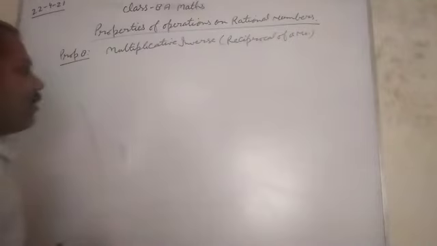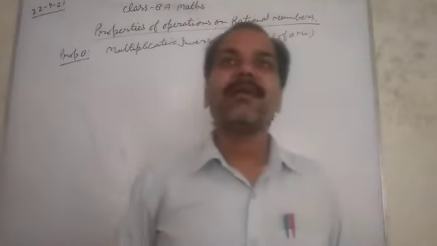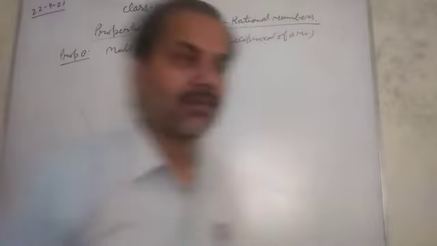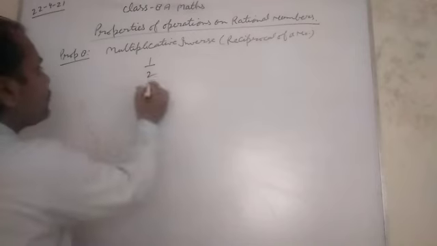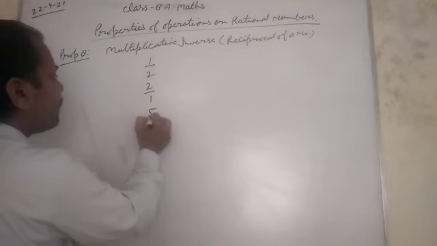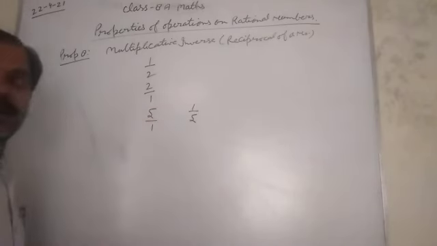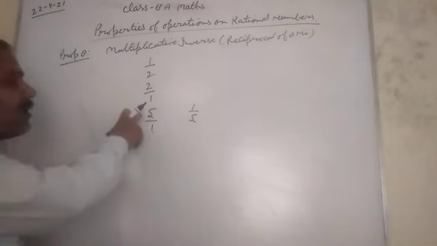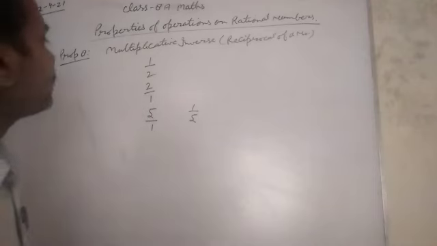We can find it by interchanging the numerator and denominator. Suppose a number is 1 upon 2, so its reciprocal will be 2 upon 1. If the number is 5, its reciprocal will be 1 upon 5, since 5 means 5 upon 1. So by interchanging numerator and denominator, we find the reciprocal of a number.